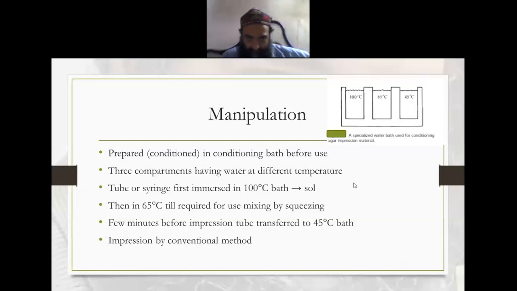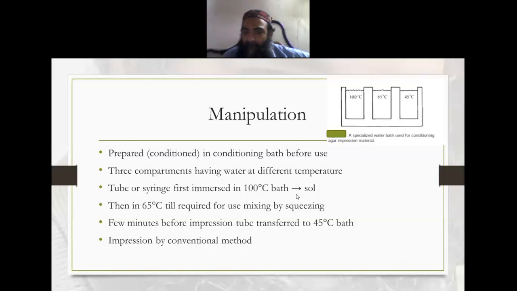Then, as we want to manipulate the agar or reversible hydrocolloid, we prepare it through conditioning, by conditioning bath before use. Three compartments already described. The tube or syringe is first immersed or kept in the 100 degree centigrade bath.